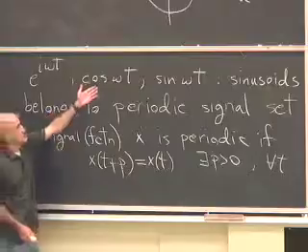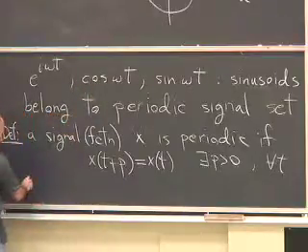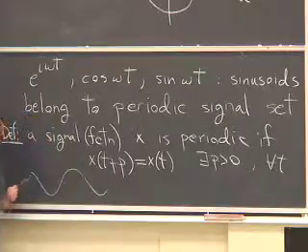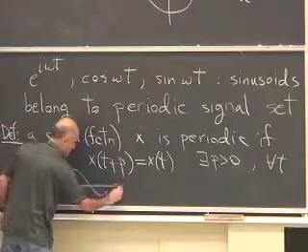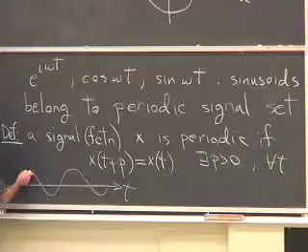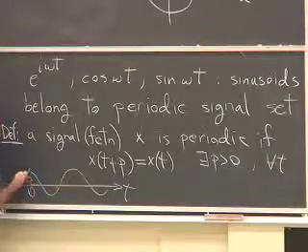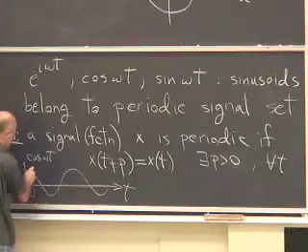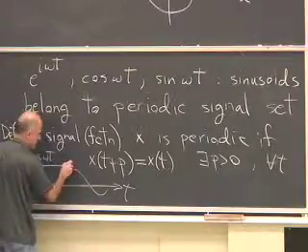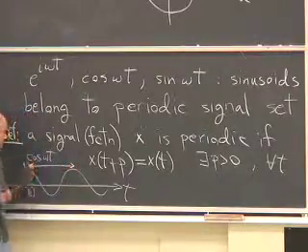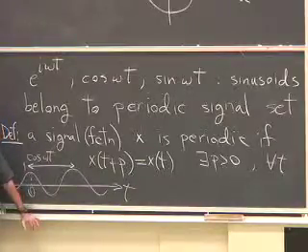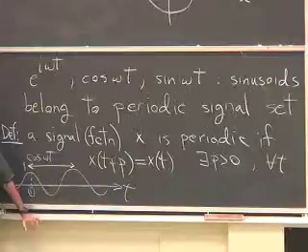A prototypical example, of course, is the sine or the cosine. So here's the time axis. Let's say this is 0, so I'm plotting the cosine. The distance between adjacent peaks is what?